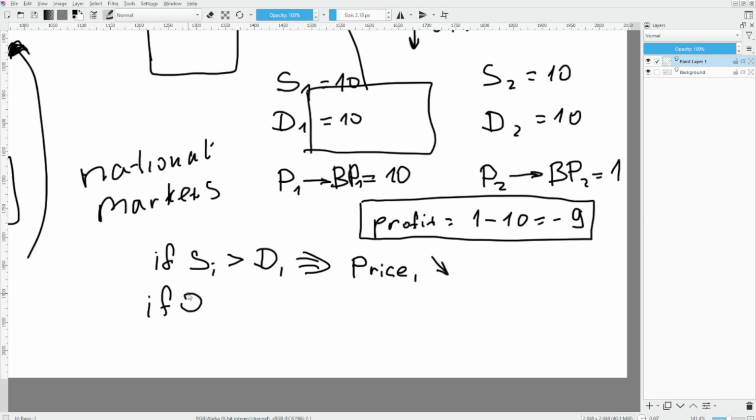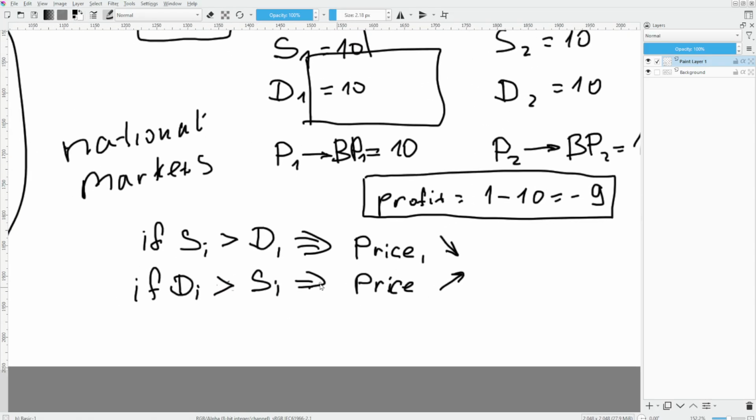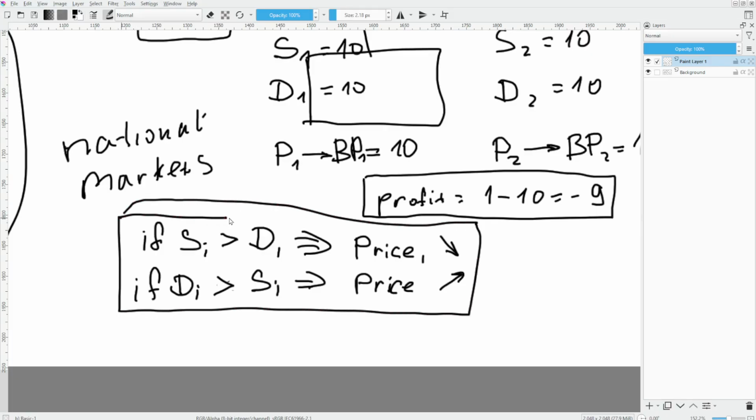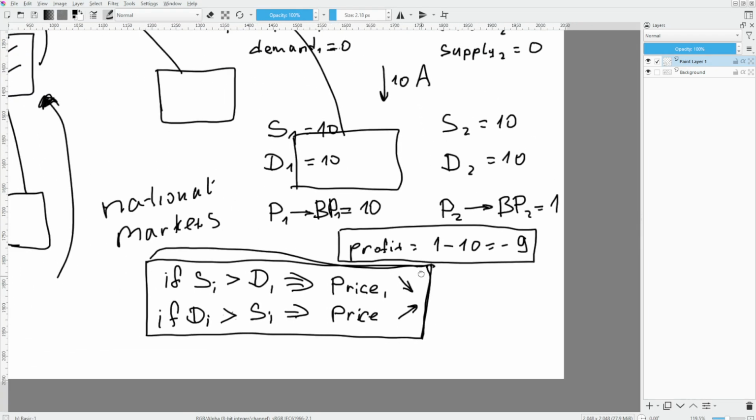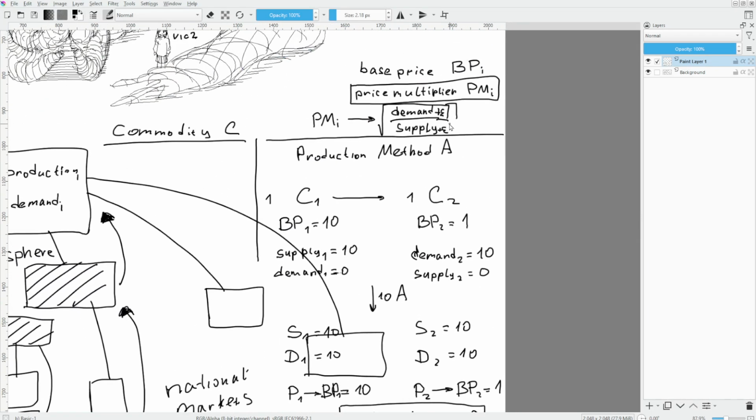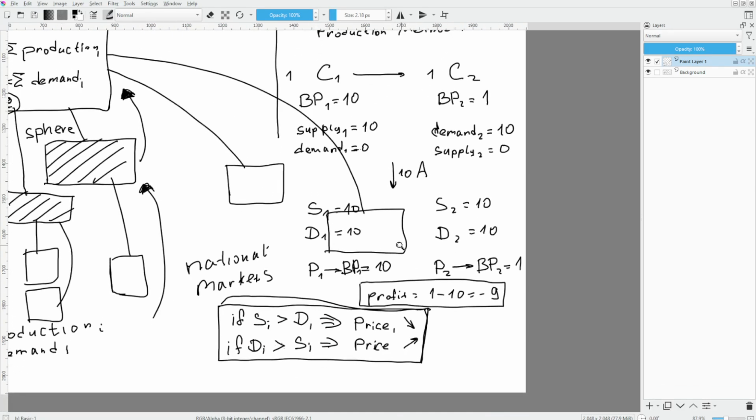And if demand is larger than supply, then price should go up. This is basically an axiom of the supply-demand model. And you can clearly see that this price update clearly does not satisfy this axiom.